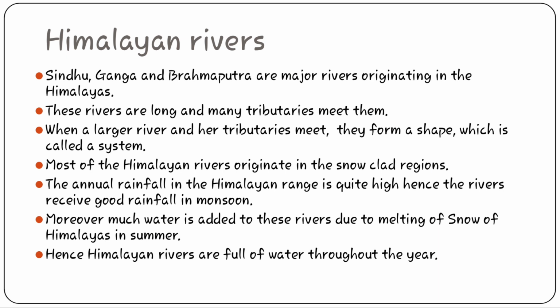This we discussed yesterday while discussing the difference between Himalayan rivers and peninsular rivers. Himalayan rivers are called perennial rivers. What is the reason? That also we have discussed, because they have water throughout the year. During the monsoon season they have water. At the same time in the summer season also they have water because of the melting of the snow.